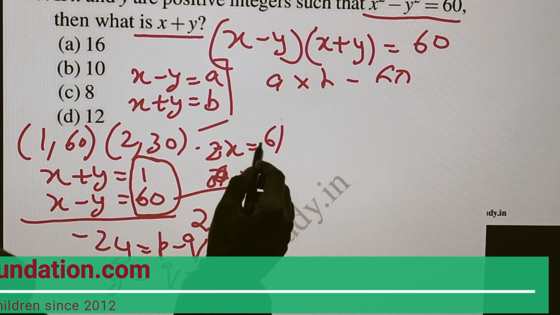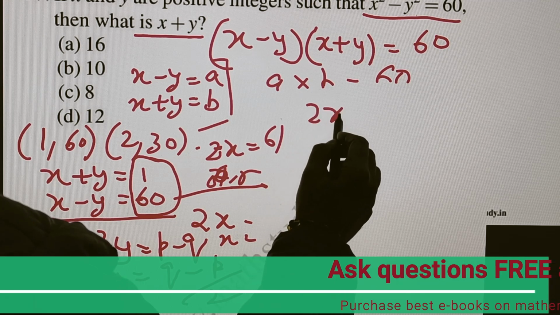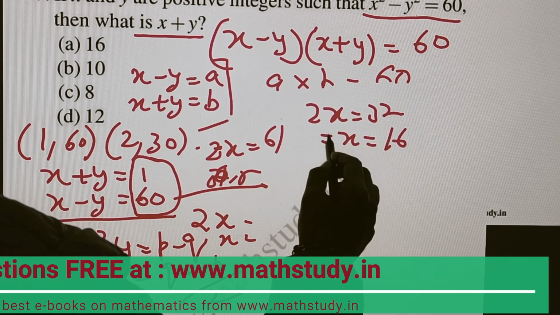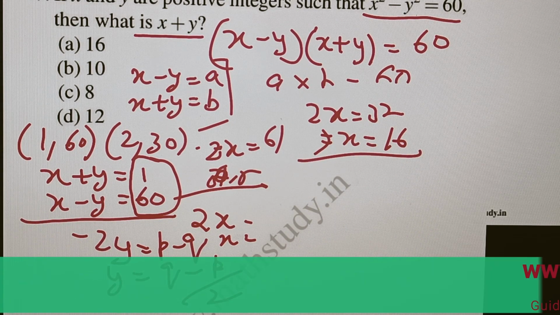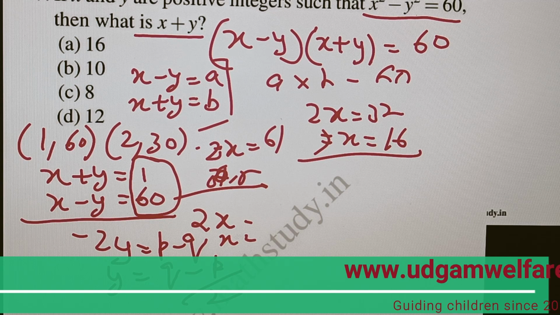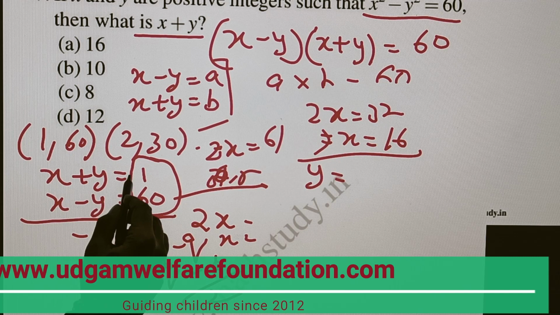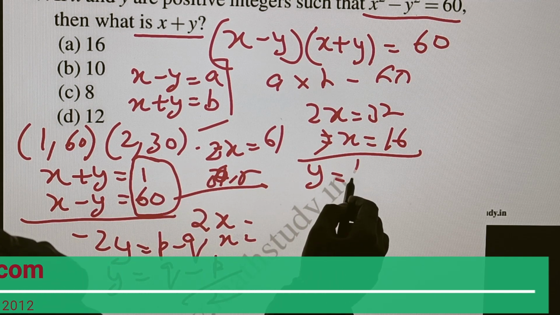In this case, like 2 and 30, we get some values obviously. Then 2x equals 32 and x equals 16 here. Similarly, if we subtract these two numbers, y is equal to 30 minus 2, 28, and 28 divided by 2 is 14.